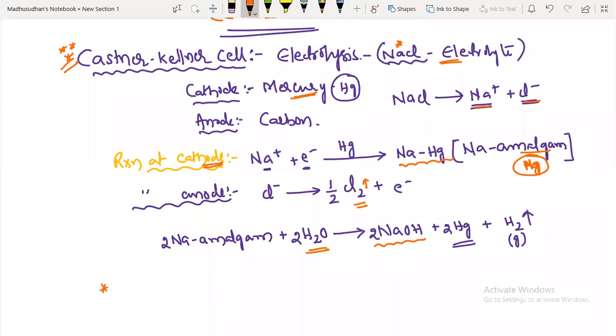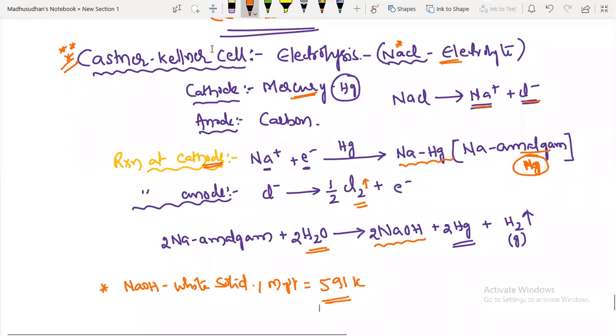And this sodium hydroxide is a white solid. It is a shining one. It is a white colored solid. And its melting point is 591 kelvins. Please note these things.